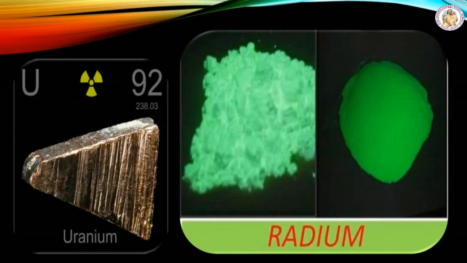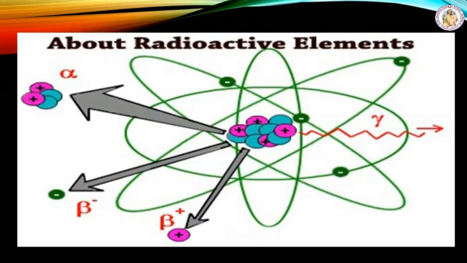They concluded that some other substance was present in pitchblende. After separating this new substance, they discovered that it had unknown chemical properties and it also emitted radiations spontaneously like uranium. They named this new substance radium. The radioactive elements emit harmful radiations like alpha rays, beta rays or gamma rays.